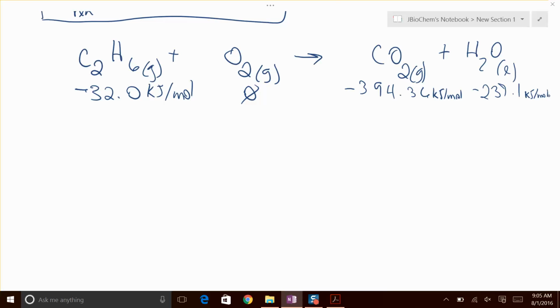Okay, what are you guys finding for your coefficients? 2, 7, 4, 6. Good.